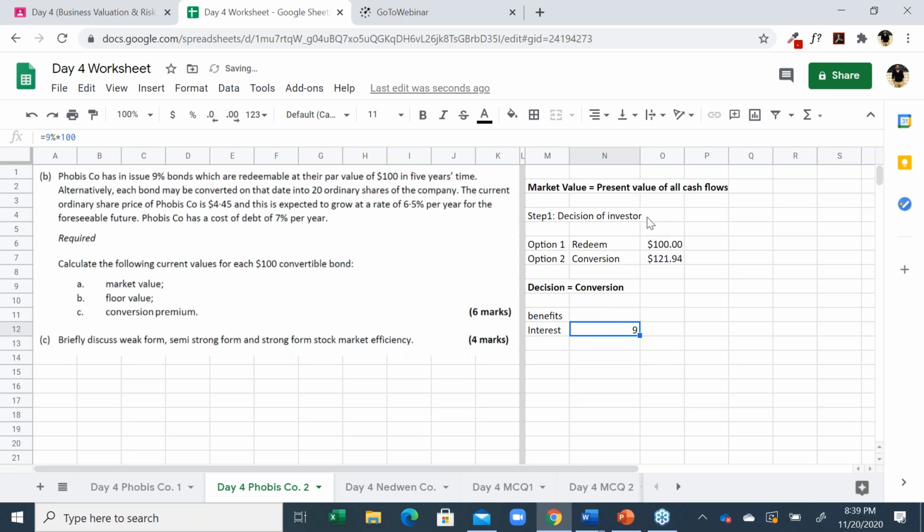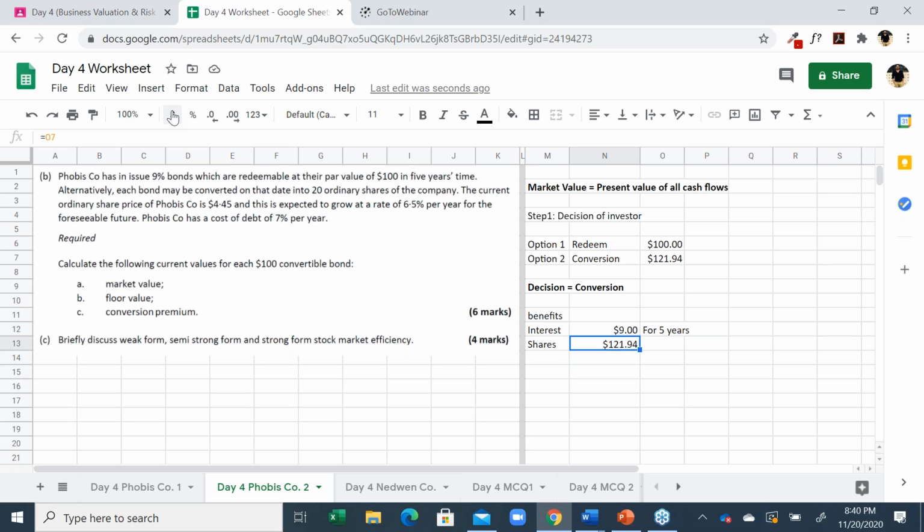That's one of the benefits that the company will be receiving, and it will be received for 5 years. Remember, for 5 years it is going to receive this amount, so it is going to be an annuity. Then after 5 years it will be getting shares, which will have a value of 121.94. So these are the two types of cash flows.